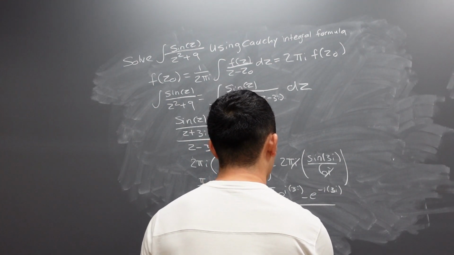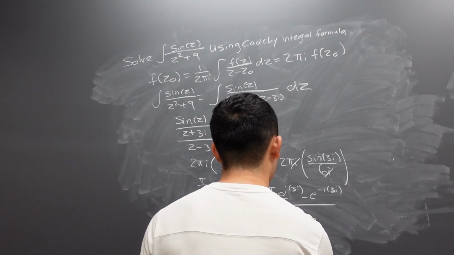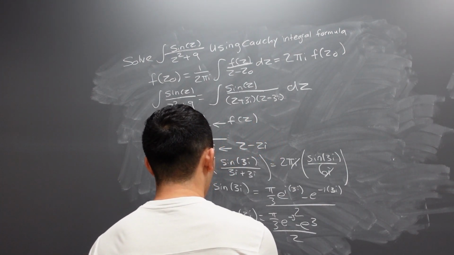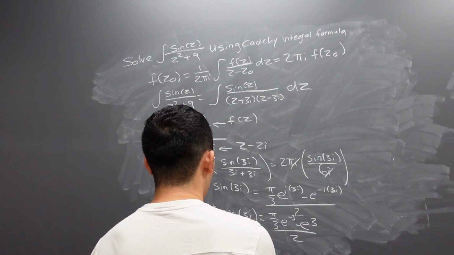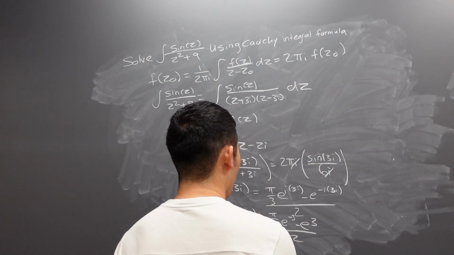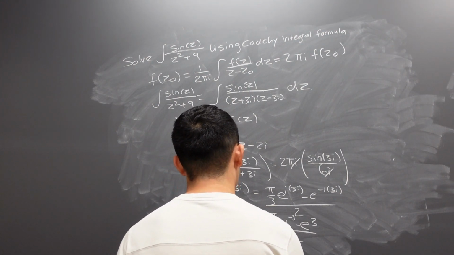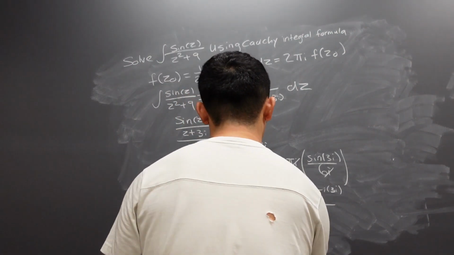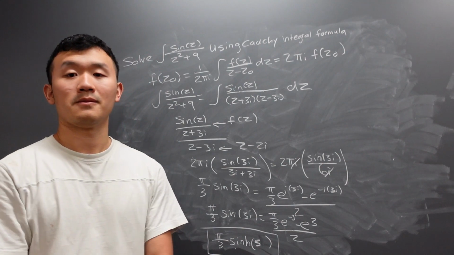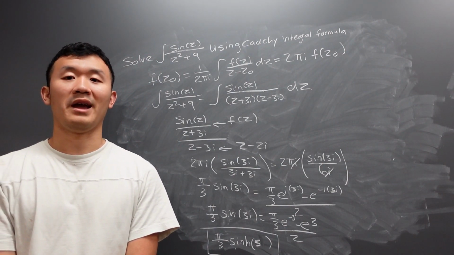This would be a negative 3 here. This would be a positive 3 over 2. And now this could be written as pi over 3 sinh 3 in the hyperbolic form. So this is an example of a complex analysis problem that I learned.